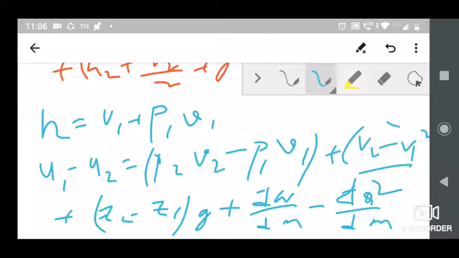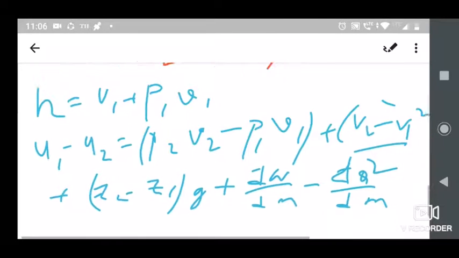I have written it in this form to find the internal energies.